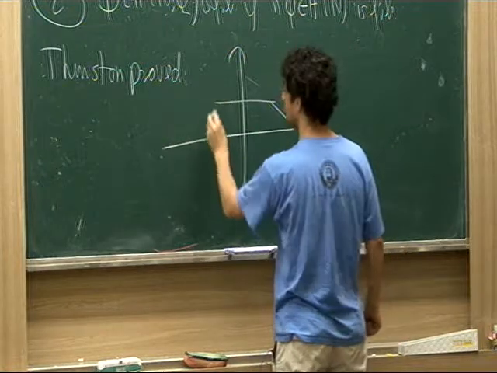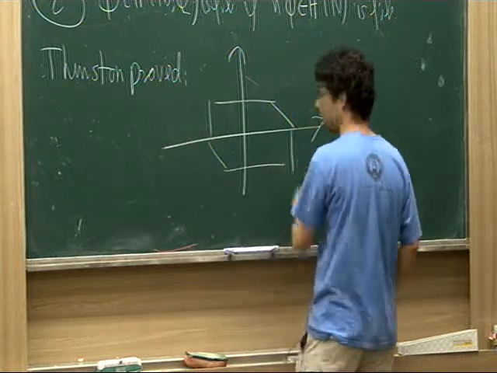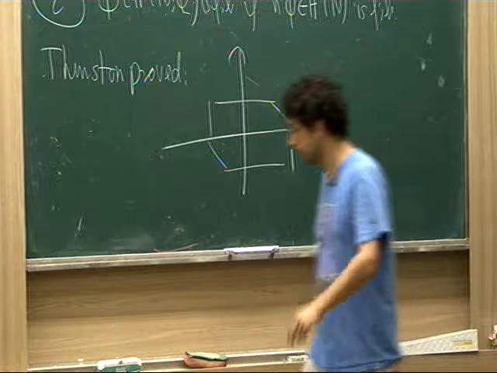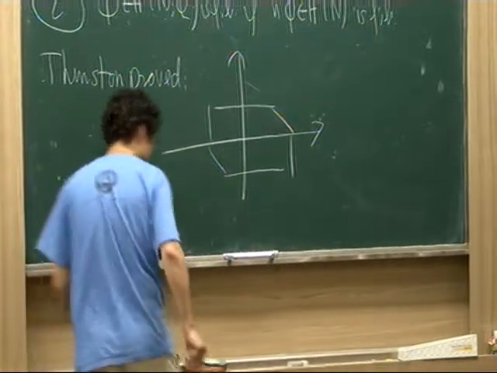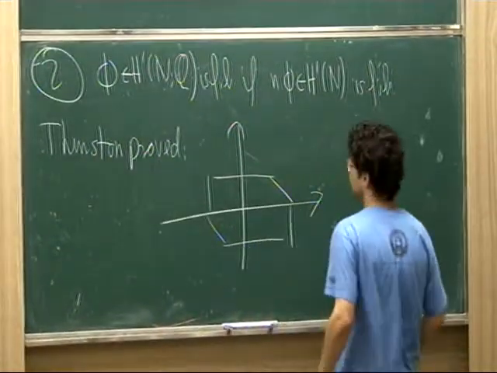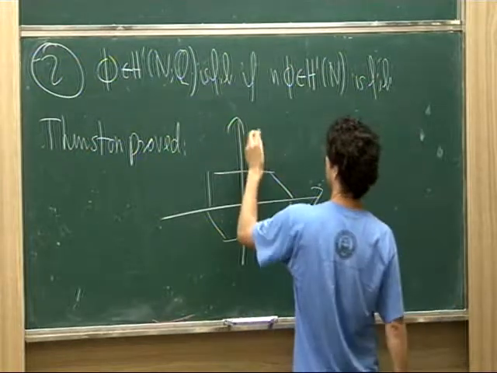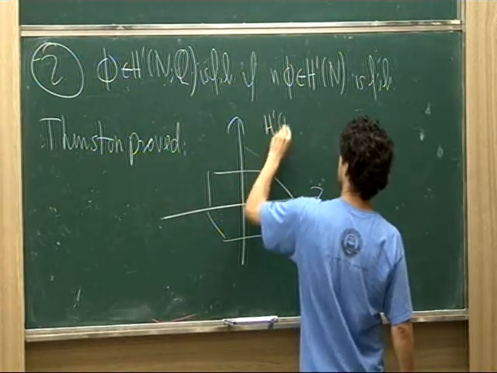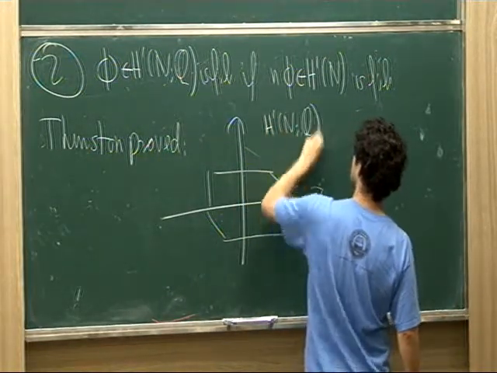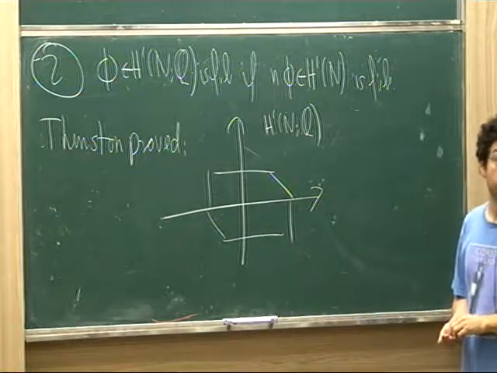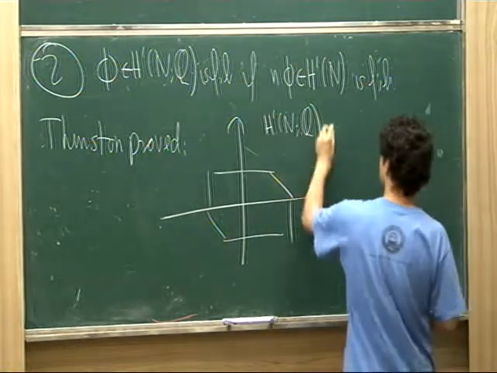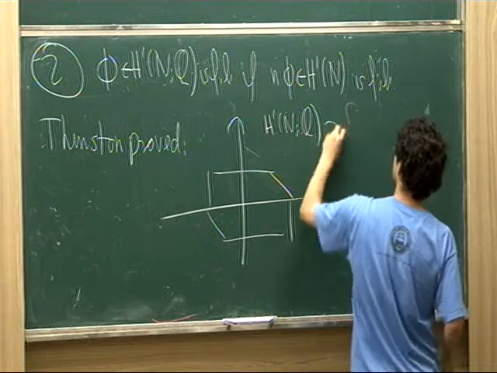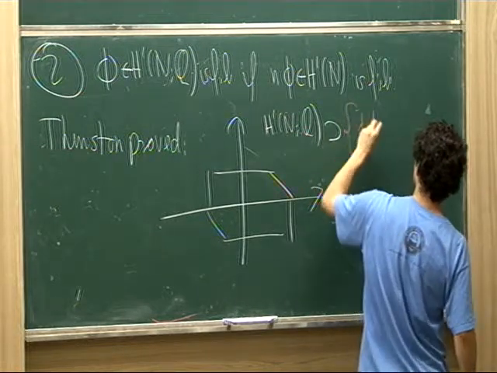So let me just draw the same picture of the Thurston norm ball. That's a subset in H^1 with rational coefficients. And in here I can consider, why not, all of those classes which are fibered.